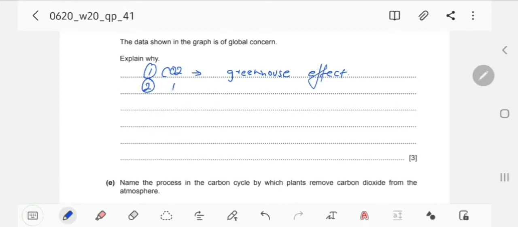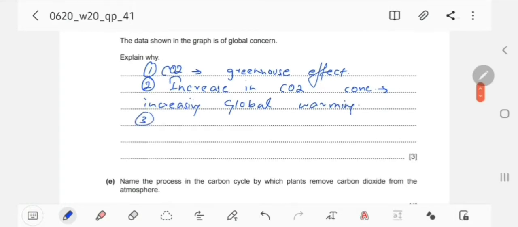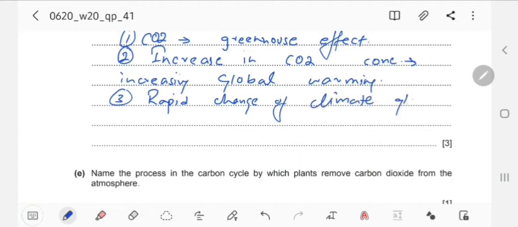And we will write increase in CO2 concentration increases global warming. And because of global warming, rapid change of climate globally occurs.